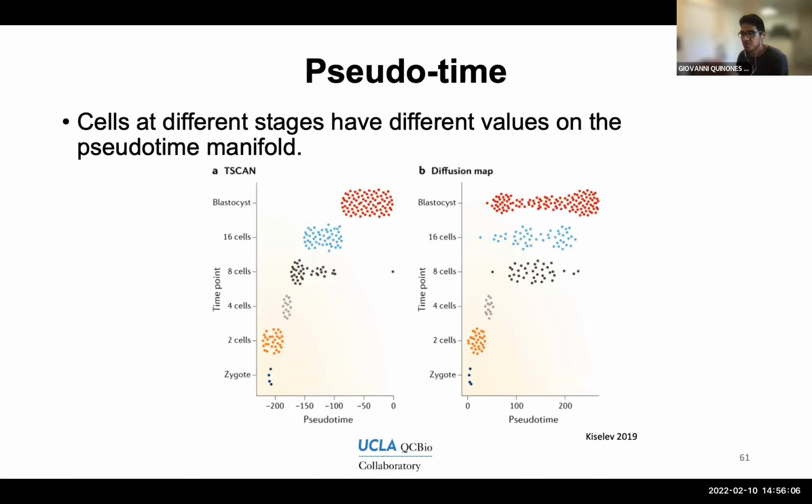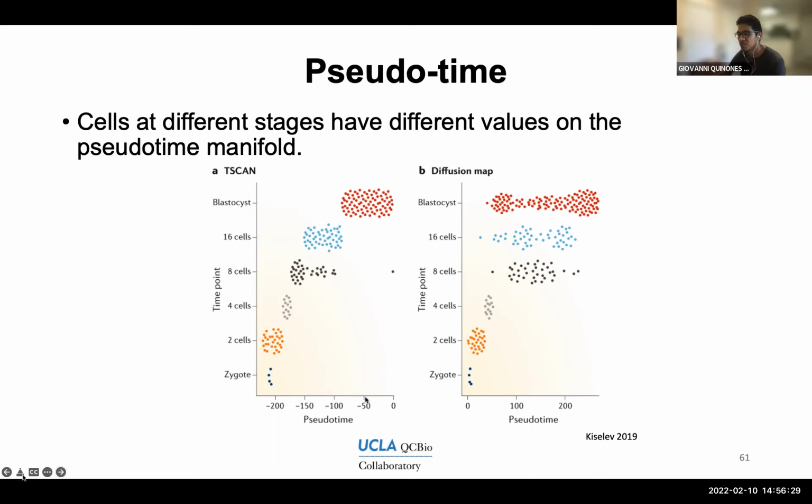Just to give a clearer example of this pseudo-time, this is an example put together in a review paper, comparing the performance of two approaches used for pseudo-time estimation, TSCAN and diffusion maps.